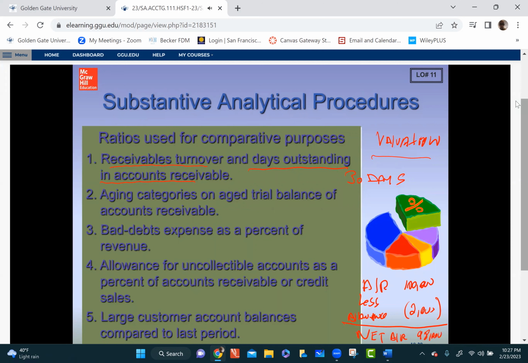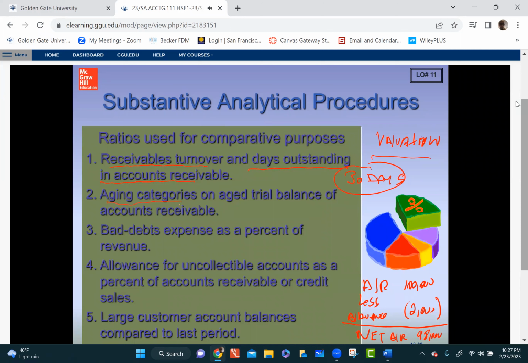And so you'd want to see, well, how long are these staying in receivable status? Again, there's no law that says it's got to be 30 days, and standards won't say 30 days. I'm just saying the experience would be, if they start getting outside of 30 days, then how collectible are they?